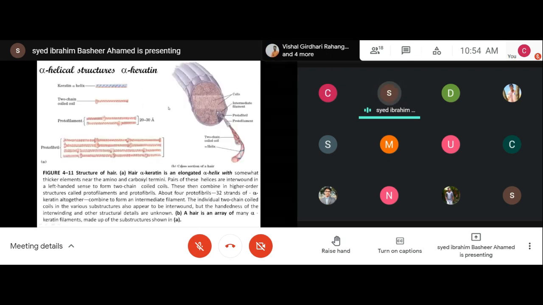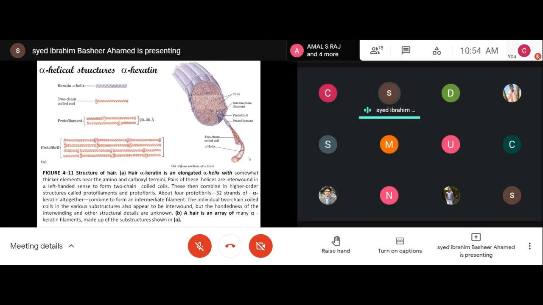Here you can see alpha keratin, which is completely made of alpha helix. If you take the hair, which is alpha keratin, you will have a bundle of alpha helices. When two alpha helices come together, they intertwine with each other to make a coil structure.